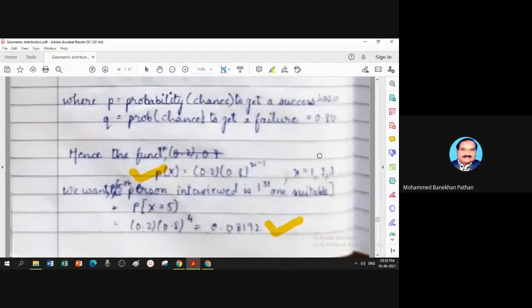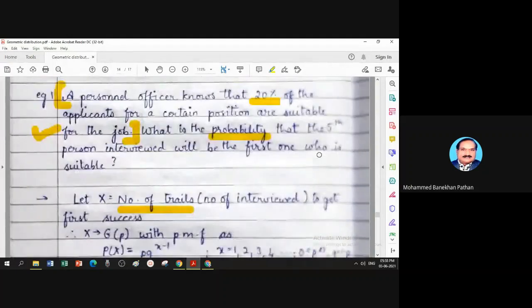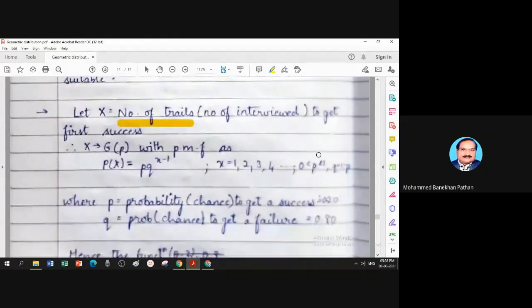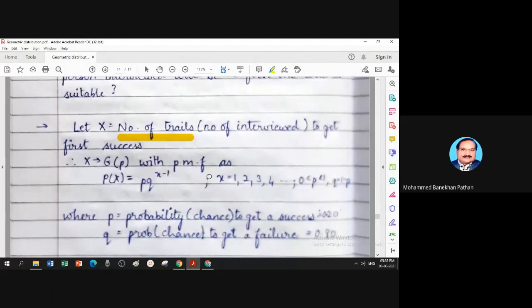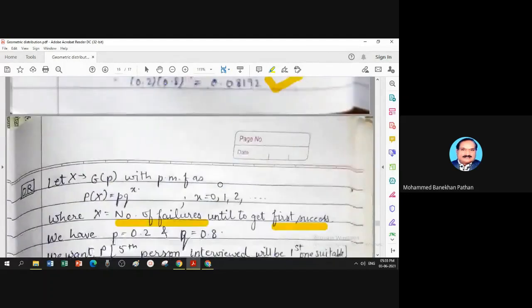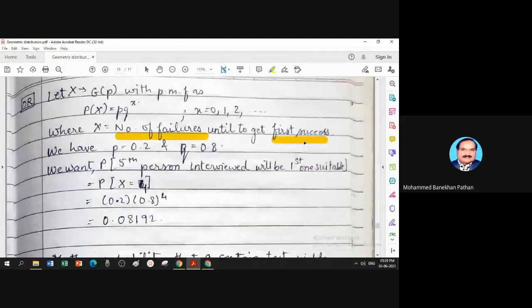So here also the experiment is conducted to have a success, and there also the experiment is conducted to get a success. But what you are going to record is different. In that random variable, you are recording trials. Here you are not recording trials, you are recording the outcome of the trial, whether that is a failure or success.